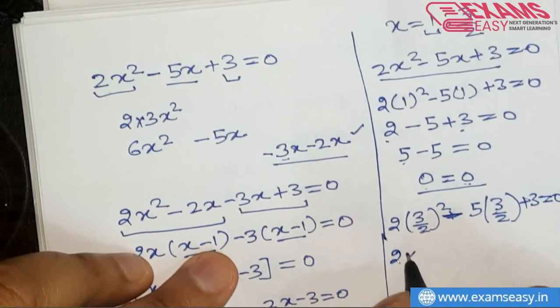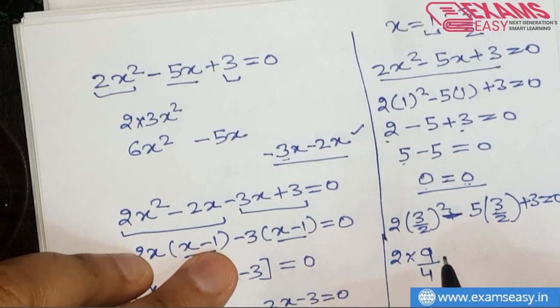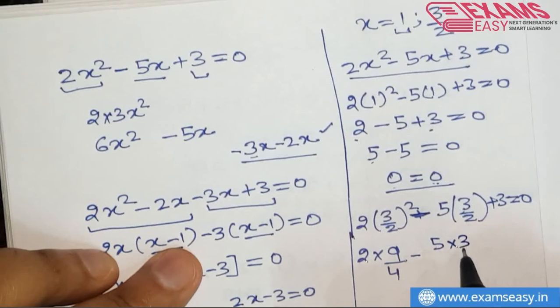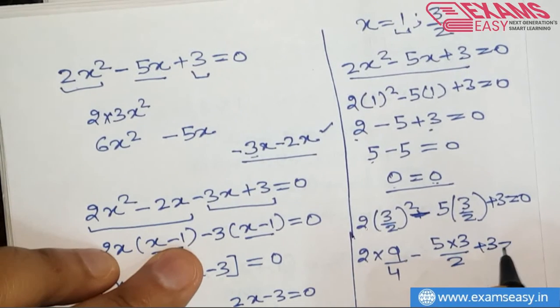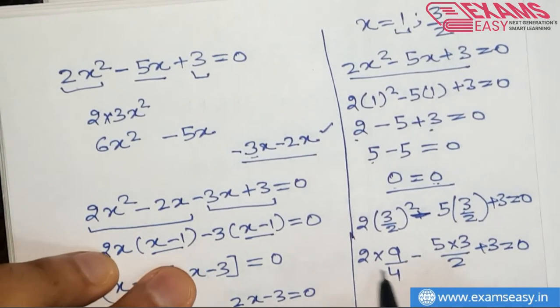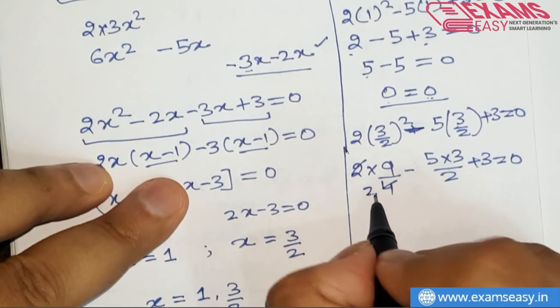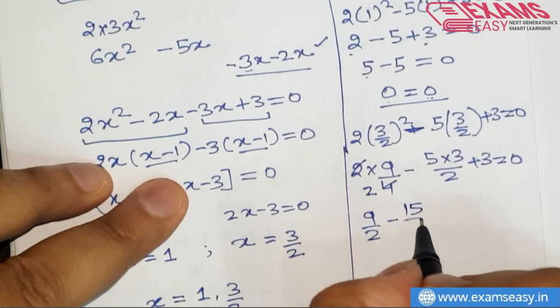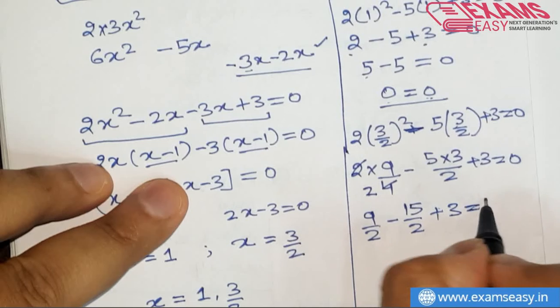So 2 into 9 by 4 minus 5 into 3 by 2 plus 3 equal to 0. So 2 and 2 get cancelled. So we are left with 9 by 2 minus 15 by 2 plus 3 equal to 0.